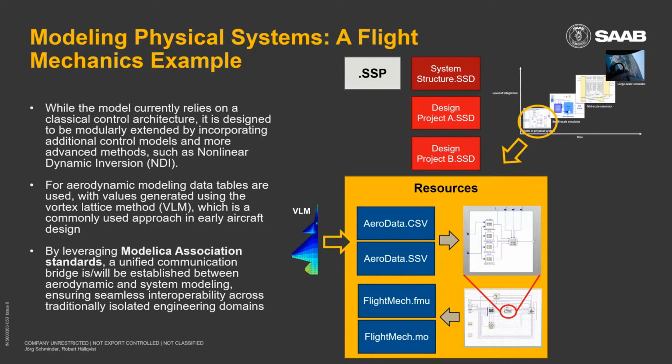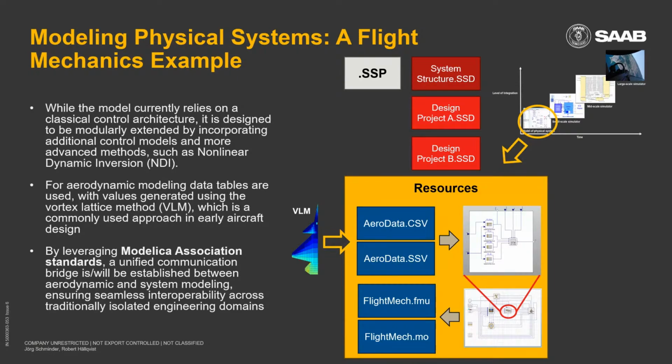So what you see here is an example for the aerodynamic model. So we have the SSP structure, which Robert explained already, where we can have within this SSP structure different design projects, project A, project B, and all these projects have the possibility to take information and models out from this resource file.